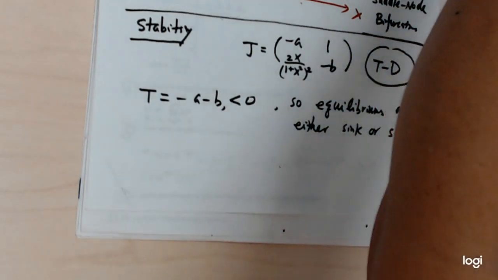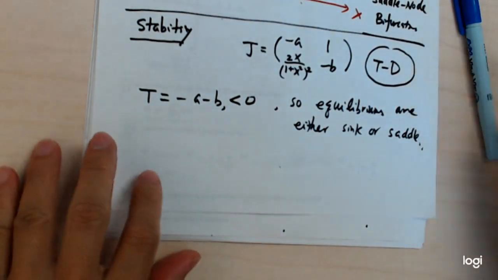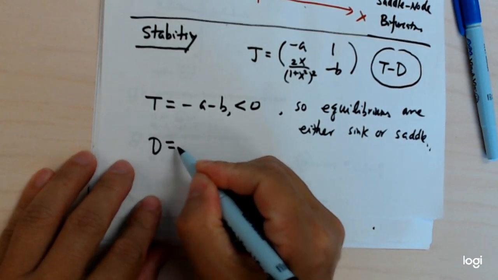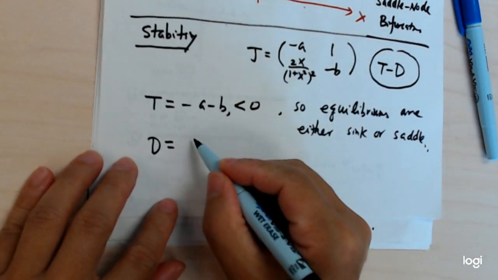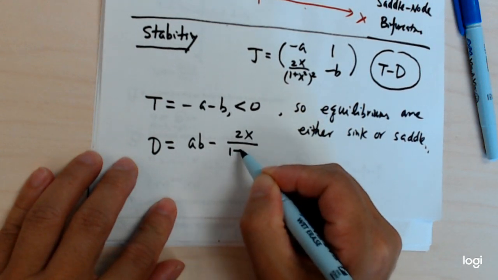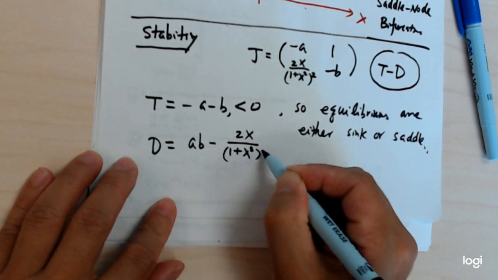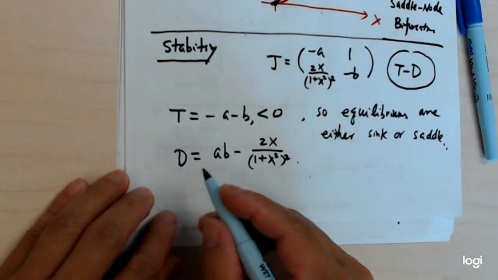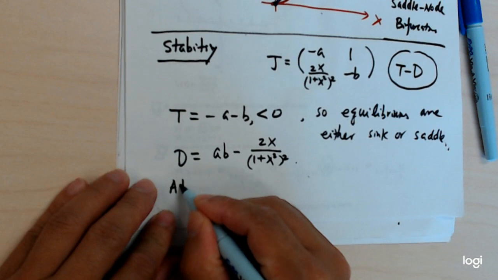And the specific type depends on the determinant. So you go ahead, write down determinant here. This part requires you to recall what we learned before and look that up, okay?